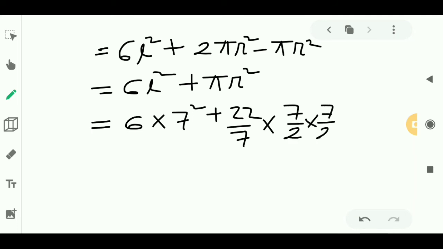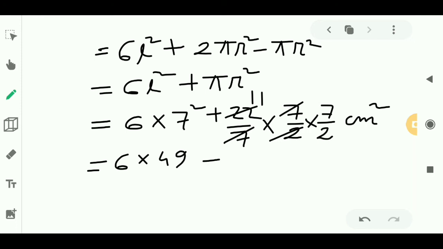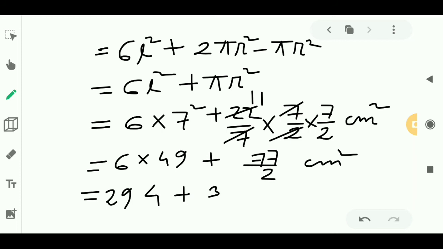So 7 square by 2 square centimeter square we can write. 7 cancel, 2 into 22 cancel 11, and here it would be 6 into 49 plus 77 by 2 centimeter square. 6 nines are 54, 5 carried 24, and 5 is 29, 294, plus 77 by 2 will be 38.5.